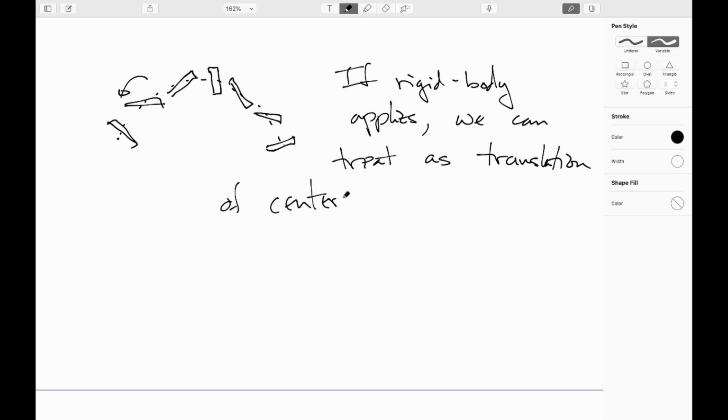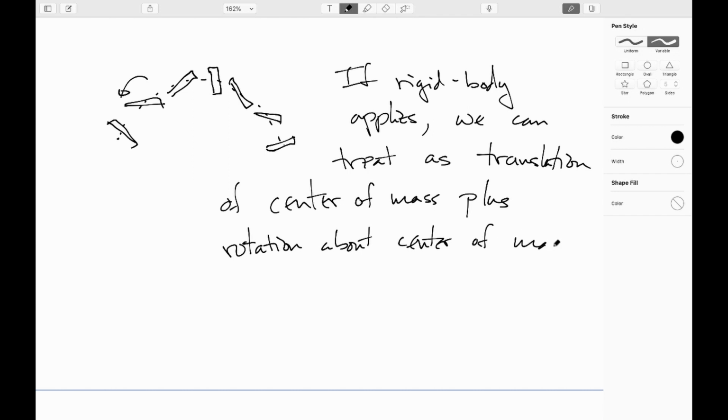And we'll define center of mass better later. But for now, just the point at which, say, your pencil would balance or whatever, plus rotation about the center of mass.